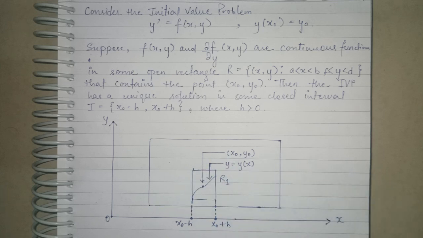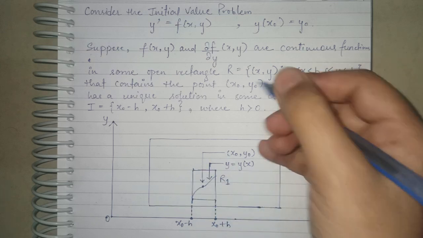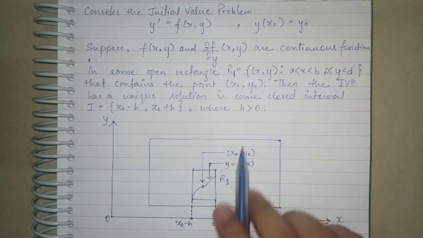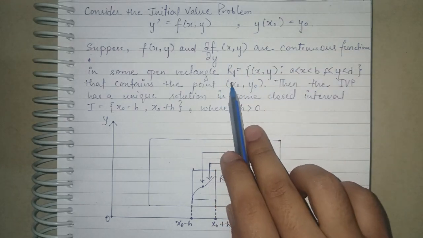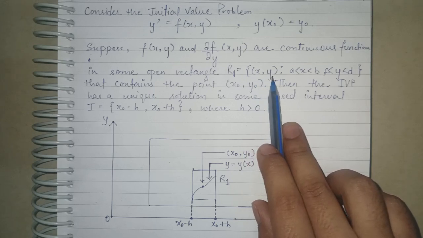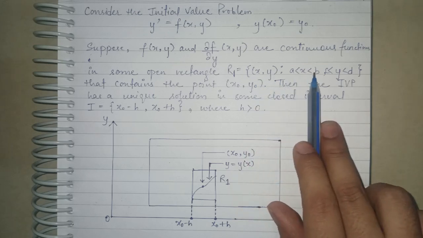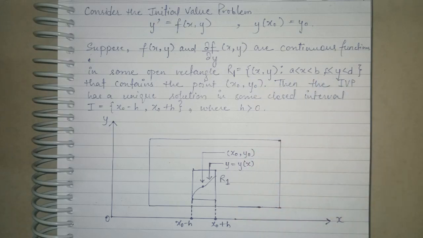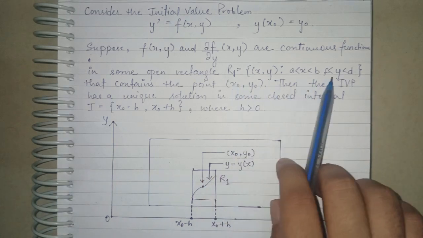What is this region R1? In the definition, R1 is a region containing all the points (x, y) in which x lies between a and b and y lies between c and d. It is an open rectangle.